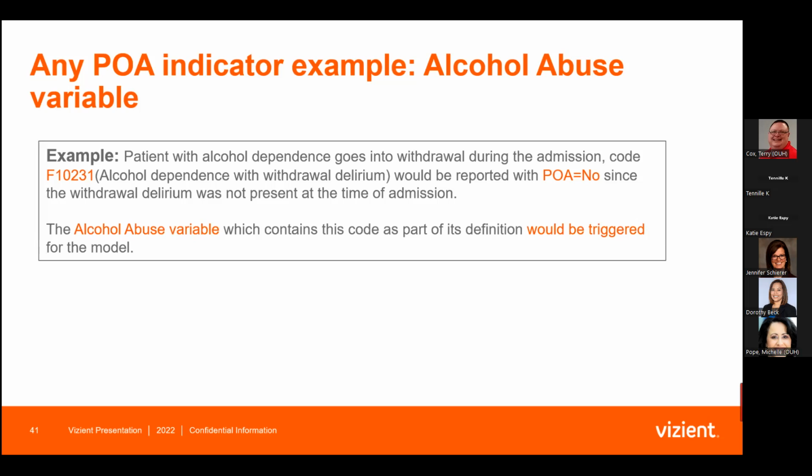So with the new methodology, what Vizient did was, if the alcohol abuse variable is there, that code is there, it would be triggered for that model, even though the POA indicator was no.